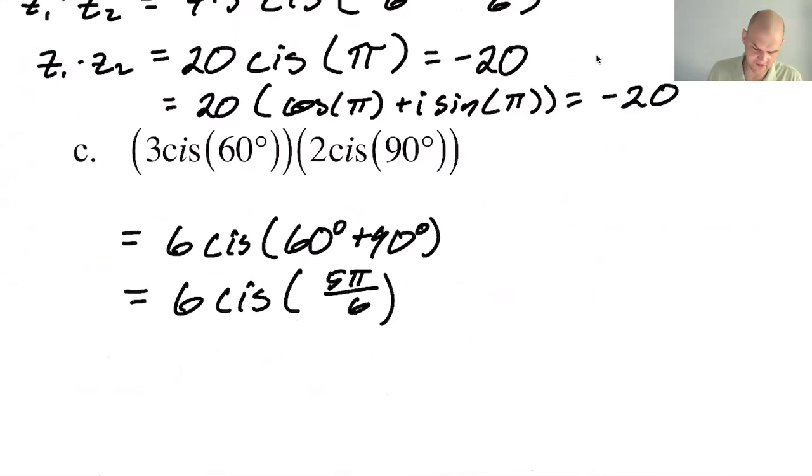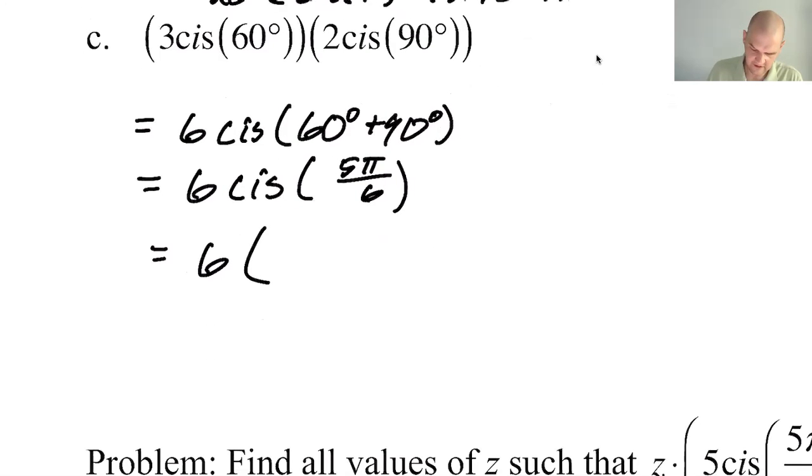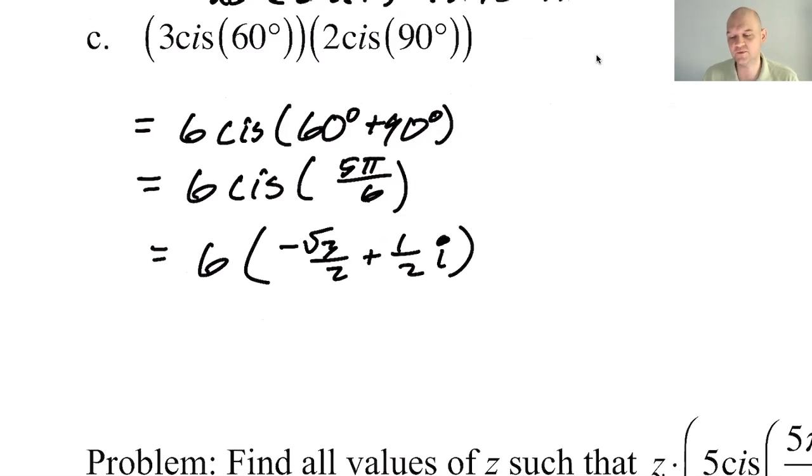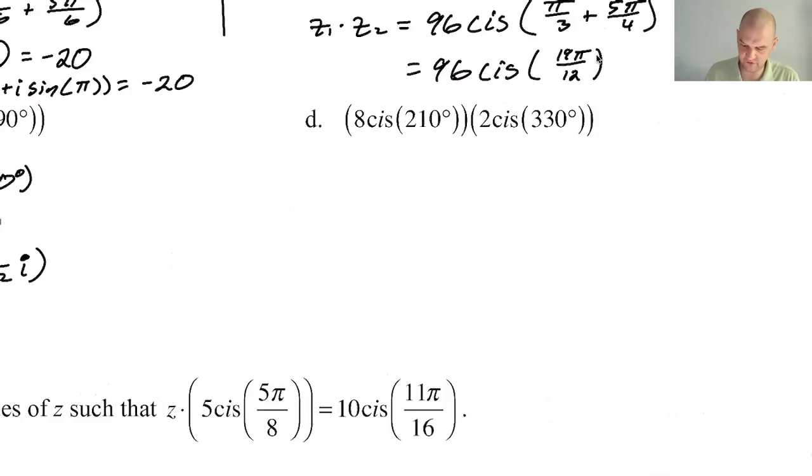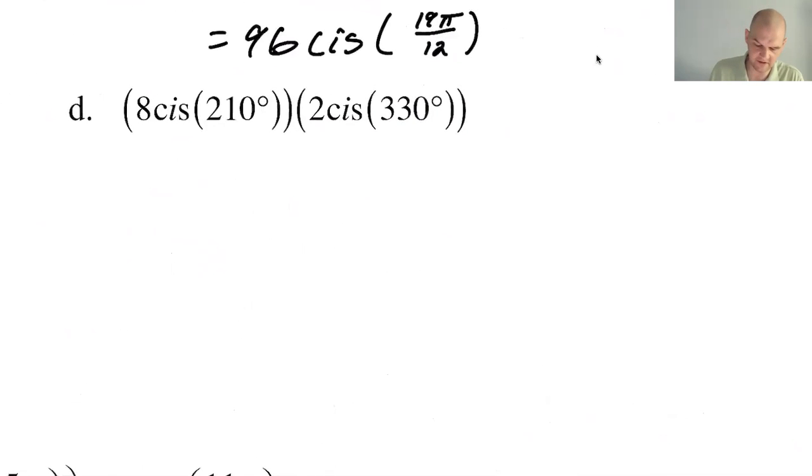I have them all memorized in radians better than I have them in degrees, so I prefer to use that. Negative root 3 over 2 plus 1/2 i. So I'm just picturing the unit circle point. It's really far to the left and not very high. So that's got to be negative root 3 over 2, 1/2. And then I guess I would do this: negative 3 root 3 plus 3i. So when they're already in polar form or trig form, that's the way to go.